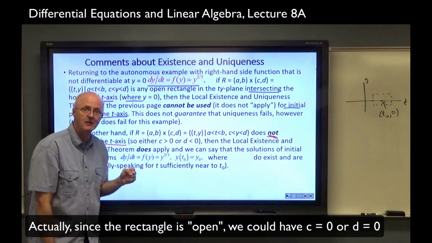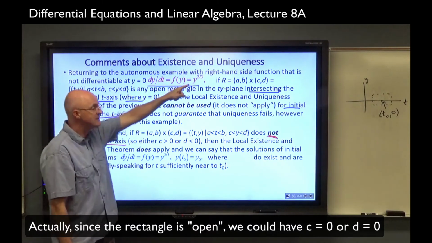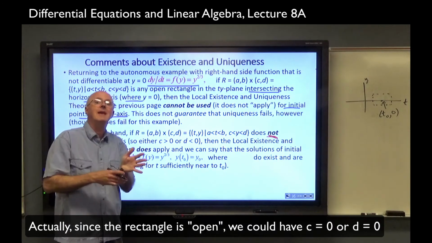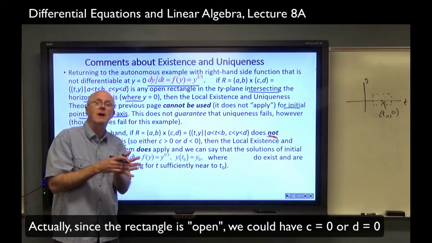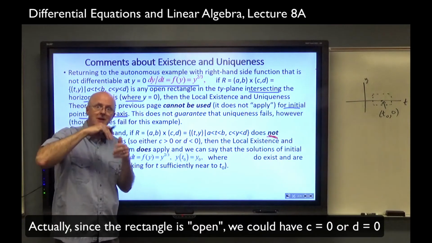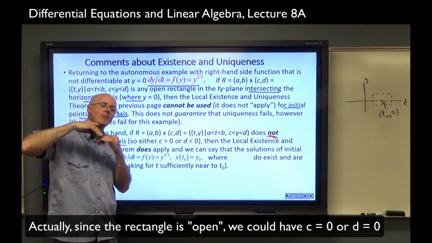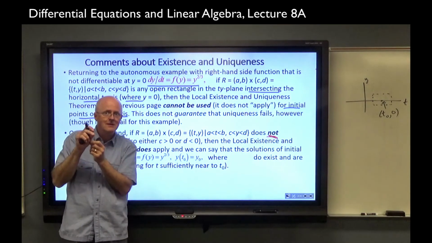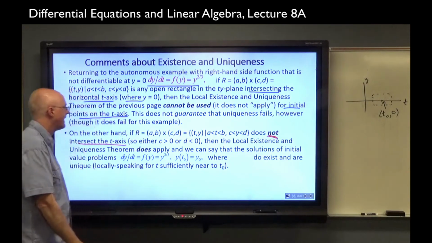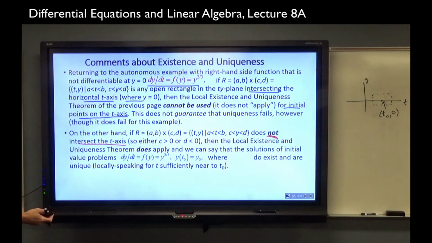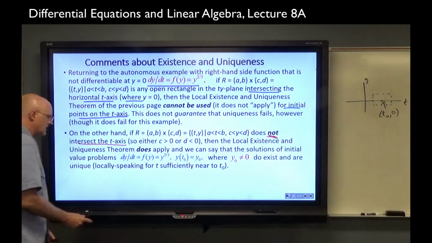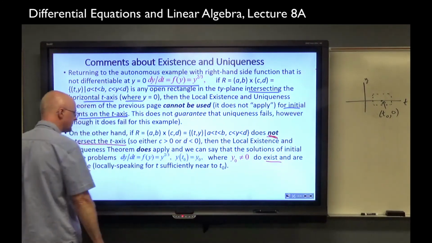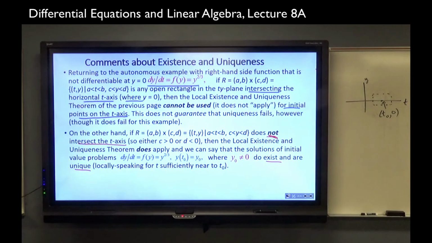Then you can apply the local existence and uniqueness theorem even with this right-hand side function, because the right-hand side function is continuous, and its derivative is continuous with respect to y. It's differentiable and continuous when y is non-zero. The cusp was only at one point, not the other points. And you can say existence and uniqueness are satisfied. The solutions do exist and are unique, locally speaking, for some small epsilon.